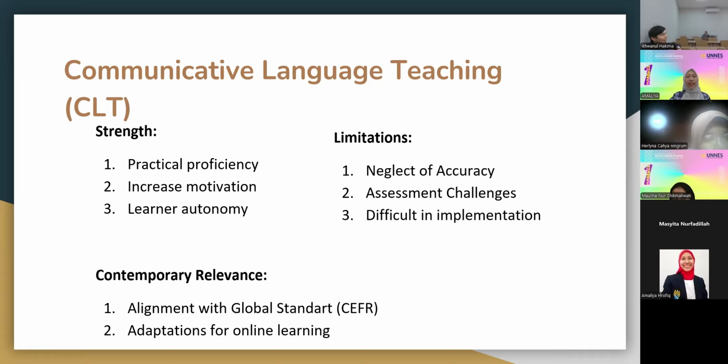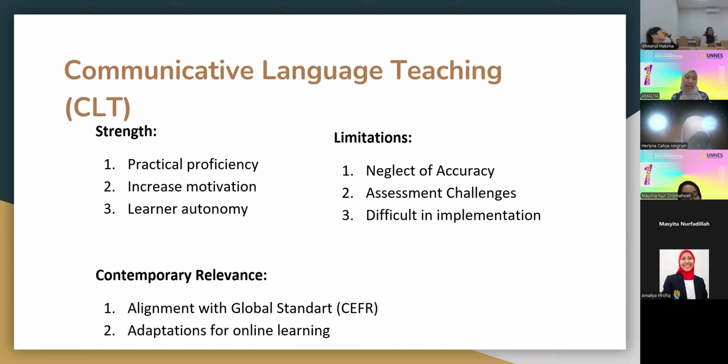And then how about the contemporary relevance nowadays? The first is alignment with the global standard of CEFR. The global adoption of CEFR has solidified CLT, which means the CEFR and communicative language teaching both emphasize how the learner communicates as an active participant in the teaching process.